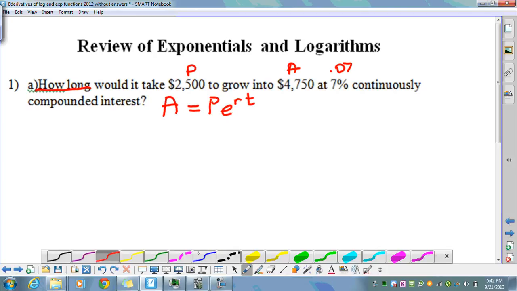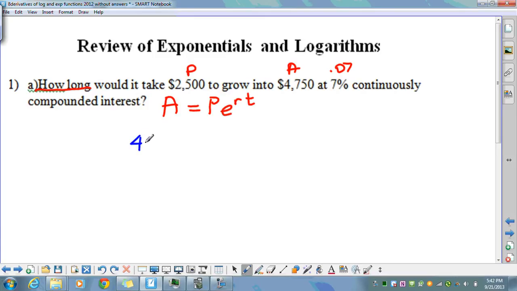So let's plug everything that we know in here. So accumulated value is 4,750 equals the principal, or 2,500, times e to the RT. R is 0.07 and t is the unknown.